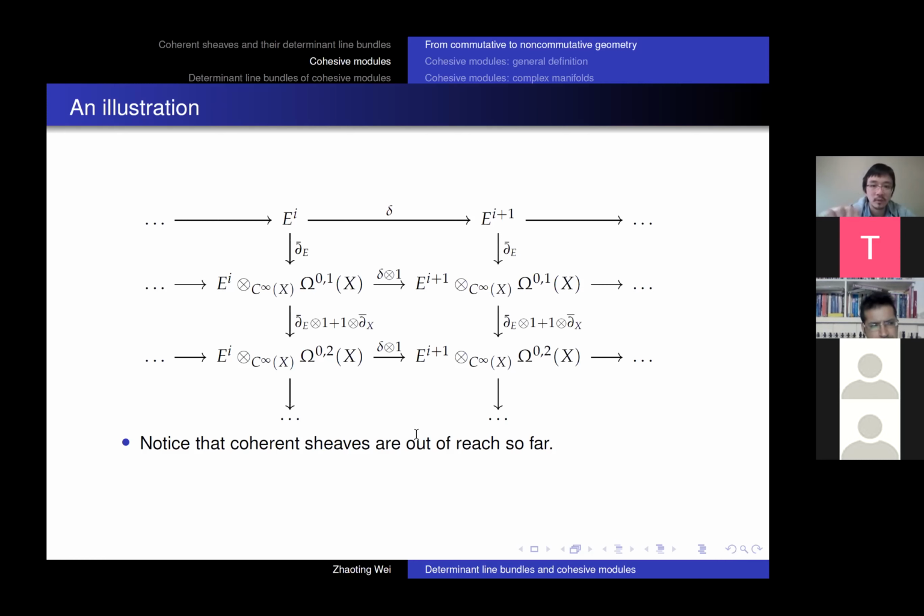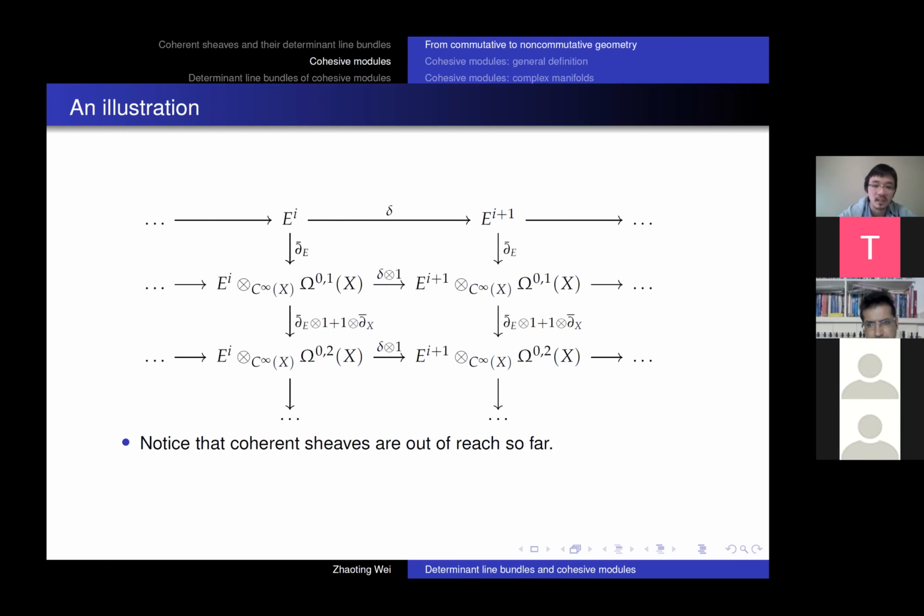And we have several points. For example, this delta should be compatible with the holomorphic structure, so that the diagram commutes. And the vertical composition gives 0. That is the flatness condition of the D-bar operator. And the horizontal composition also gives 0. That's the condition on the cochain complex.